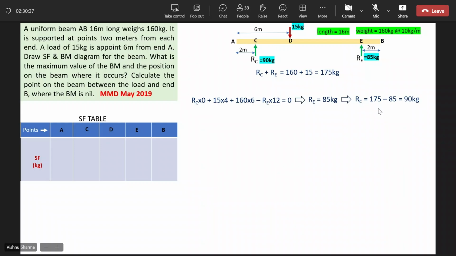Are you done with your SF table? Are these the values? Please confirm. Yes or no? Guys, the SF came like this. Please confirm.